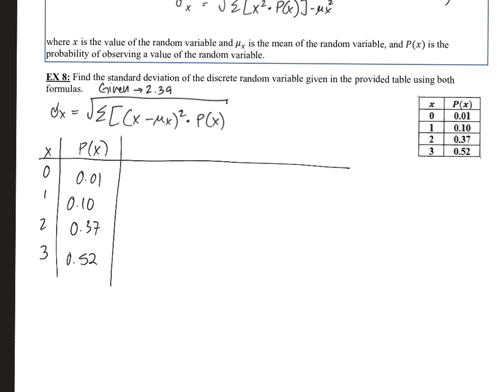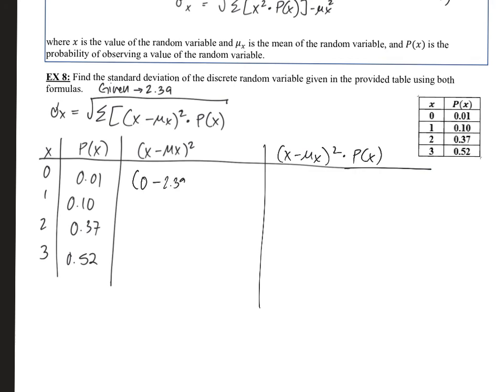Next, to fill this out, we want to take the subtraction of the values, then square it, and lastly we'll take that and multiply it by the p of x value. So to set up this first part, we're going to do the x value minus our mean, which is 2.39, and then square it. So I'll set that up for all of them.